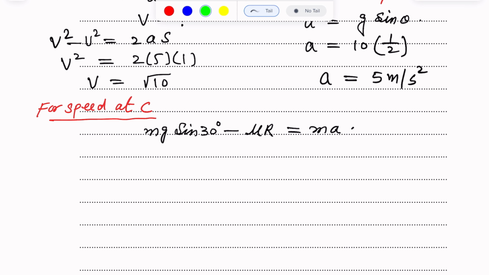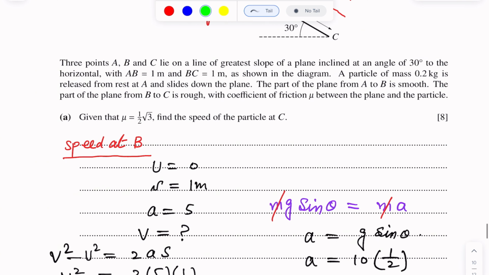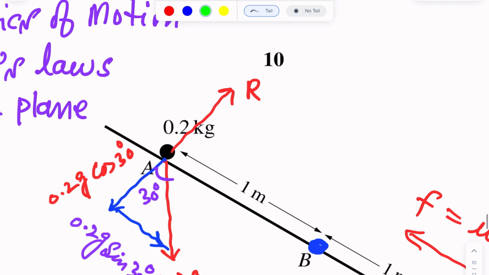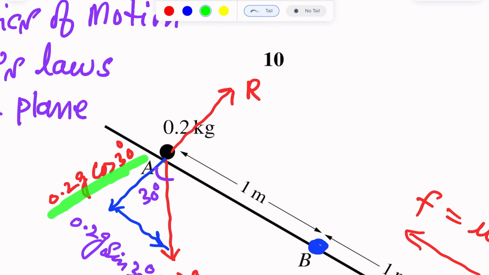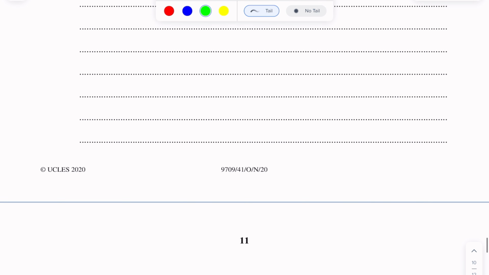Now we will put here the value of R. R is the reaction of this inclined plane on this particle, mentioned in the question. R is equal to mg cos 30 degree, the component of the weight that is acting perpendicular to the plane. This R is equal to this component of the weight.